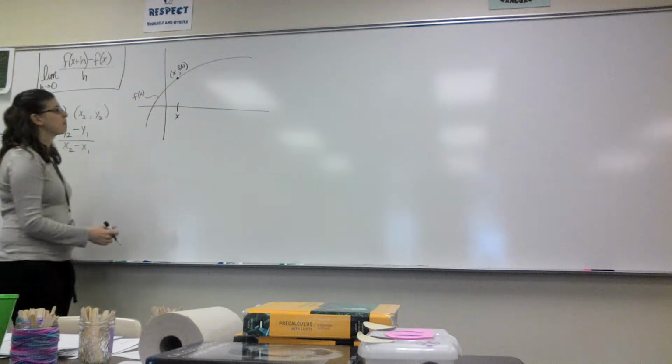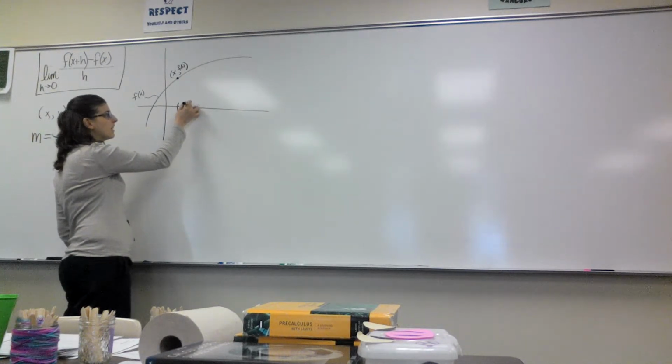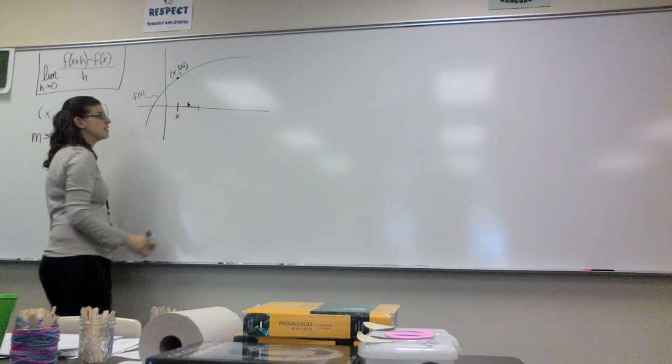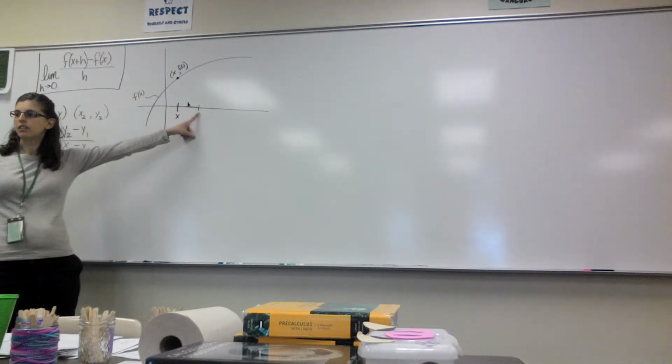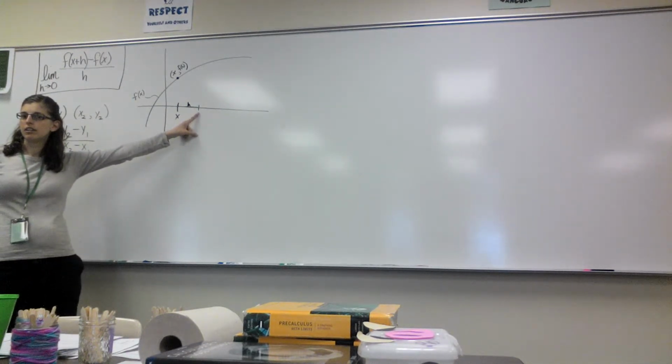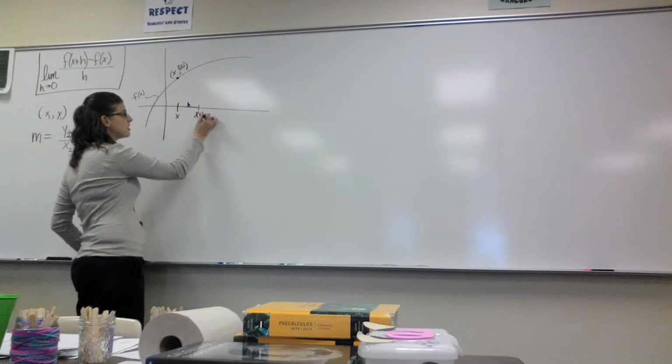Now let's say another point. Okay, let's say I go h units over here. That distance is h. What's that x value? X plus h. Very good. Let's call this x plus h.